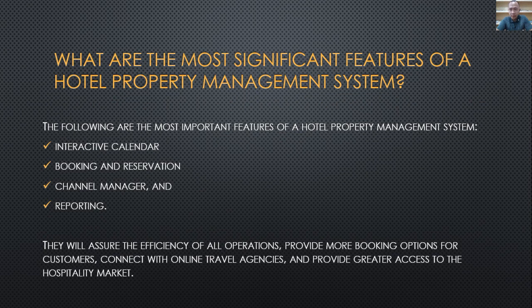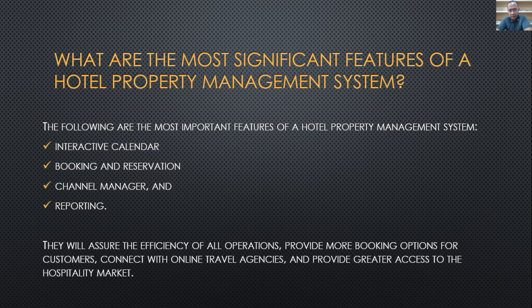So the question that we need to ask is, what are the most significant features of a hotel property management system? So the following are the most important features of a hotel property management system. So we need to have what we call the interactive calendar and also the booking and reservation, channel manager, as well as the reporting.